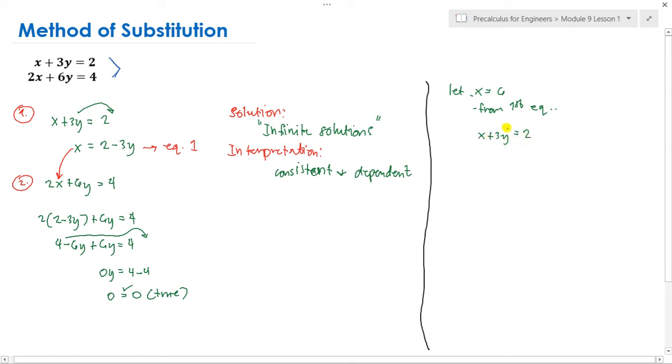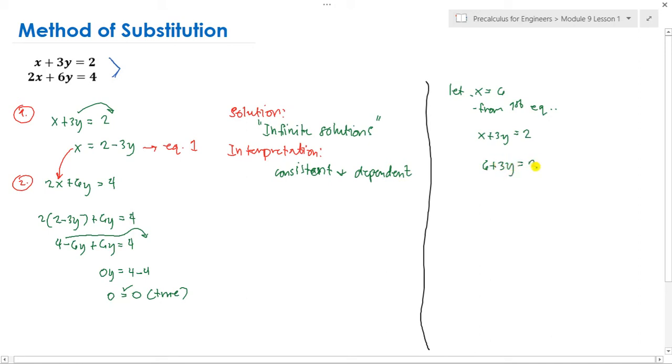So since x is equal to 6, that would be 6 plus 3y is equal to 2.